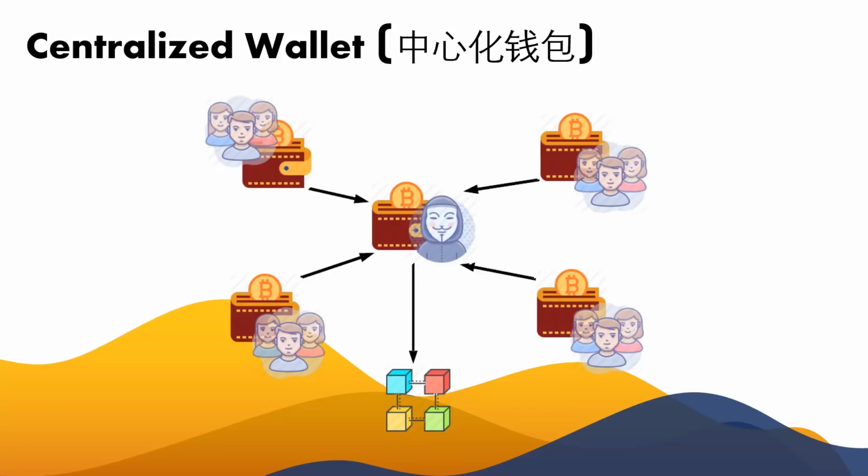You can look at centralized this way: all the wallets are stored in one single centralized server, and this server controls all the assets from the various wallets into a blockchain. Which means the centralized server has to tell each individual wallet how much they have. That is not from the blockchain, but from a database.